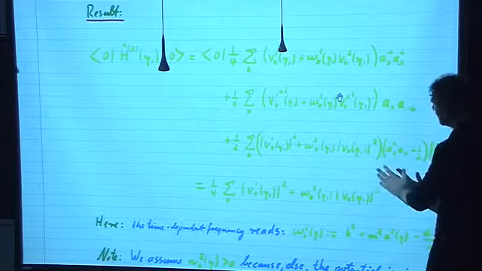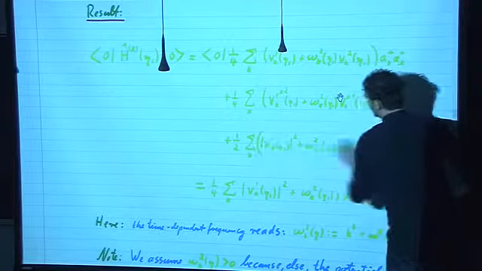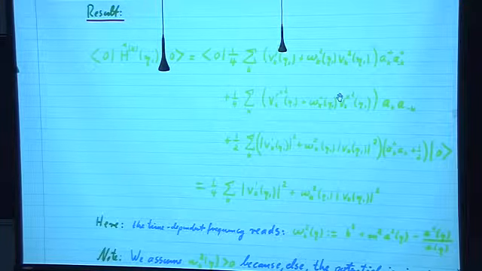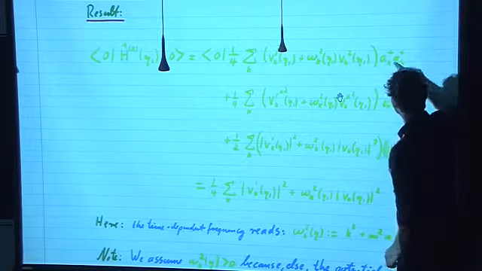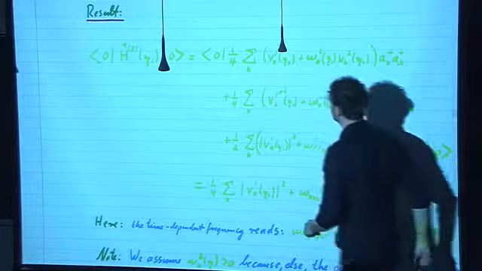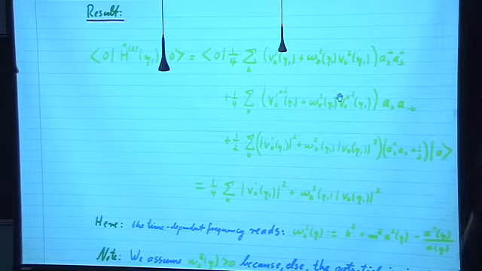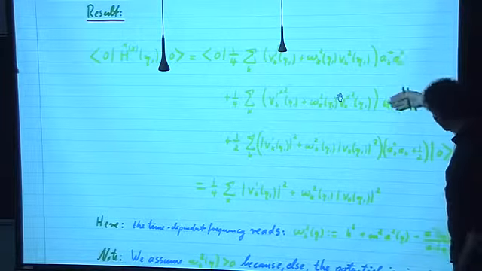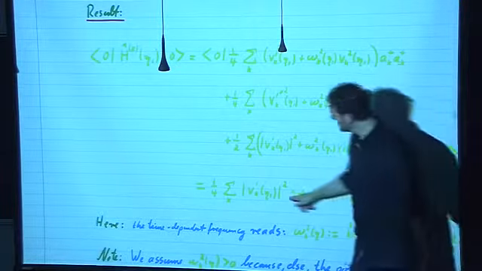Using the commutation relations, we can move this around, and then we have this expression here. Now, because the a dagger to the left annihilates that vector, and to the right, the a annihilates that vector, this term drops out, that term drops out, and this term drops out, and we're just left with this expression here.